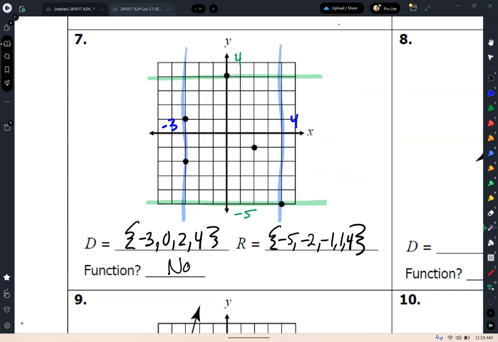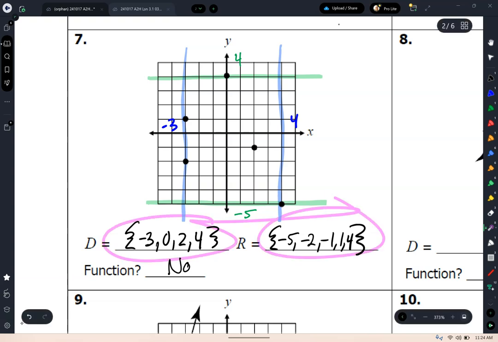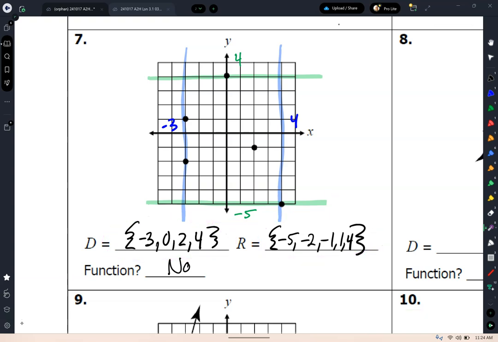And so because we're not talking about everything in between, but just those points, we would list those specific domain and range numbers. Whereas when we have the continuous graph, we can't list everything because we could keep making those fractions infinitesimally small. We would die before we finished writing them all, so we have to write them in inequality notation saying bigger than this but smaller than that. Okay. All right, good so far?